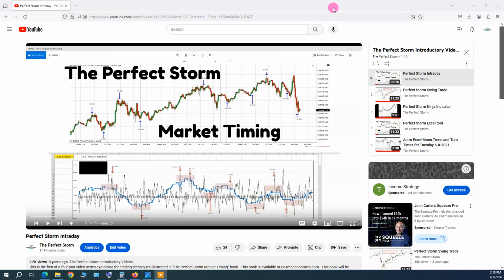So if you're looking at everything, you just want to look at the potential timing and potential trend from the Cosmo or the Astro Excel, and then overlay that with the timing from the rainbow or the pH. So you can look at all the timers. You can look where the timers coincide.